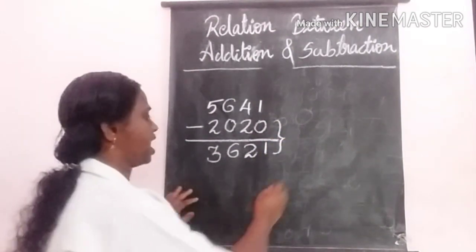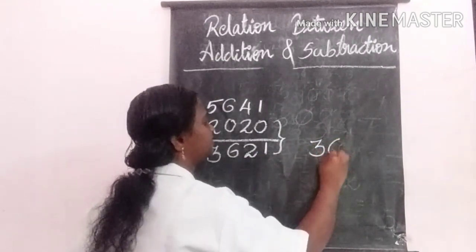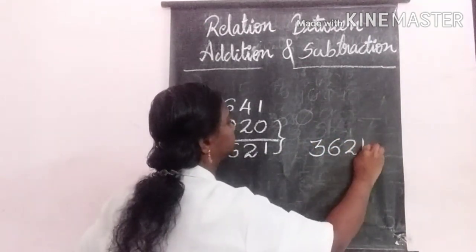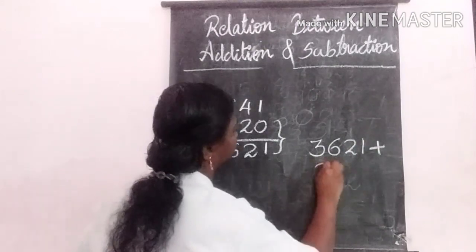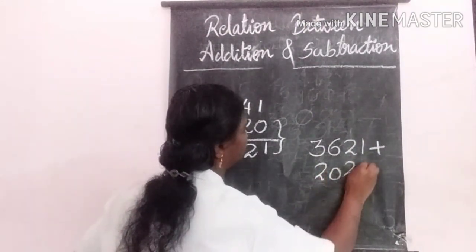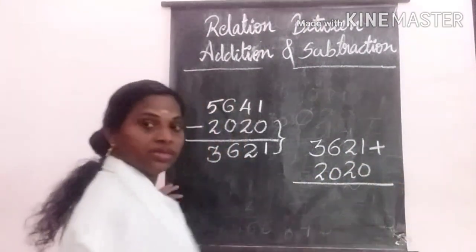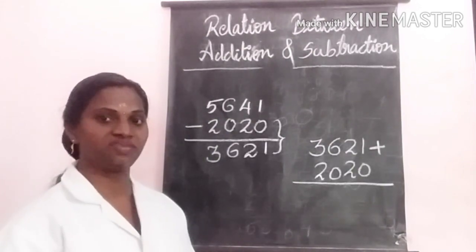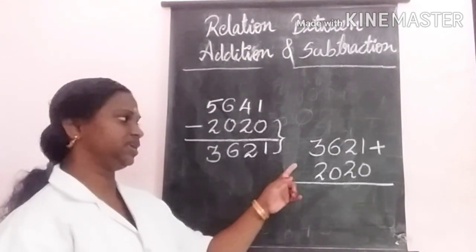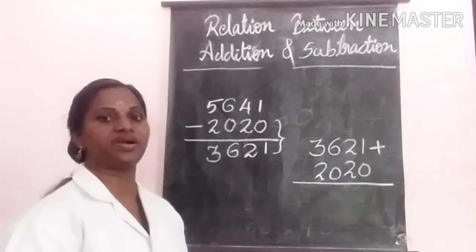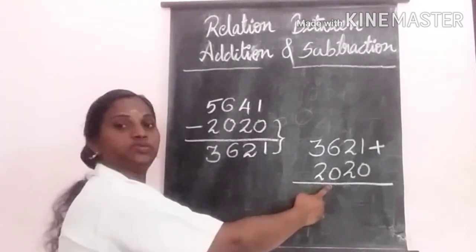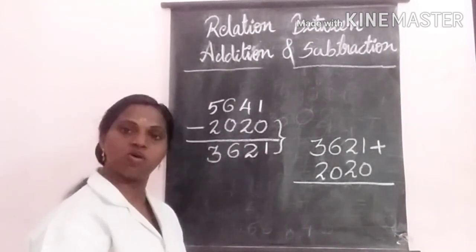Okay, so now let us add 3621 plus 2020. Here 2020 is the smaller number. 3621 is the difference and 2020 is the smaller number.